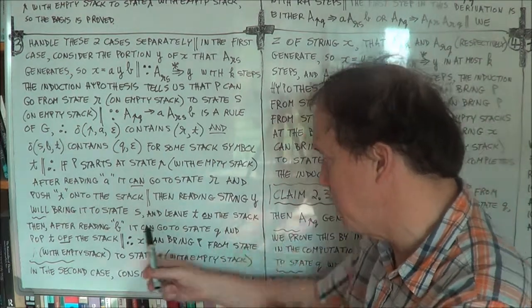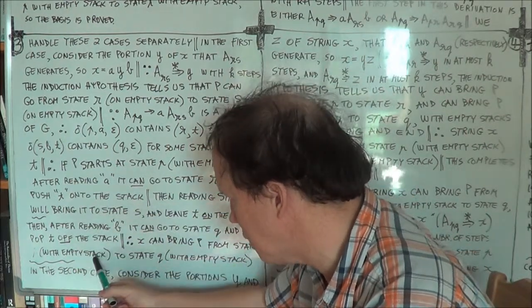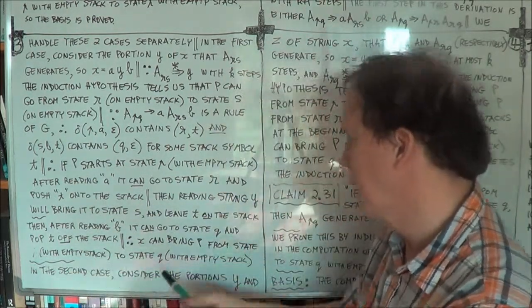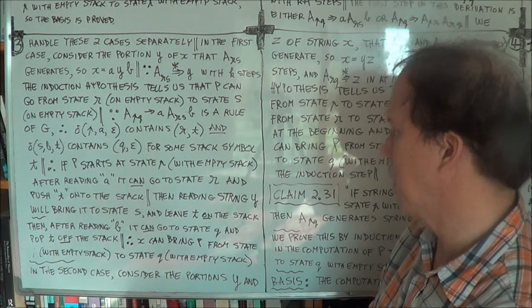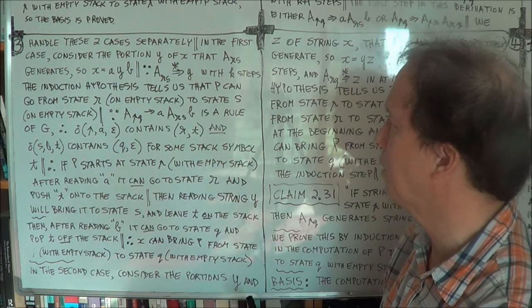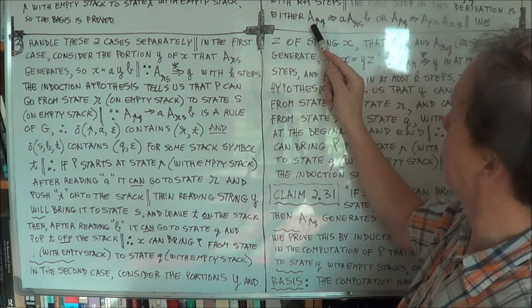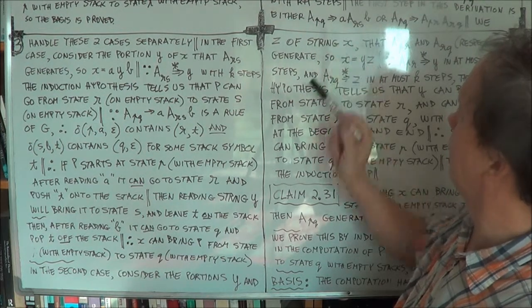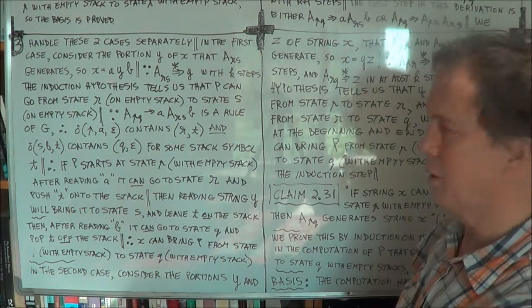So when you popped that T, you're left with an empty stack, in state Q. So that works. You've proved it for this case: APQ goes to little a, big A, RS, little b.